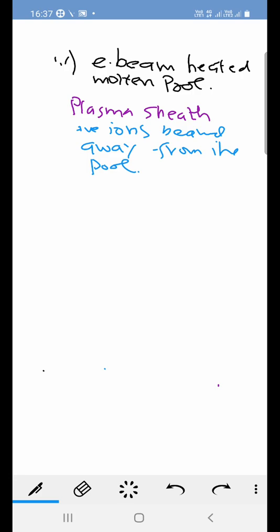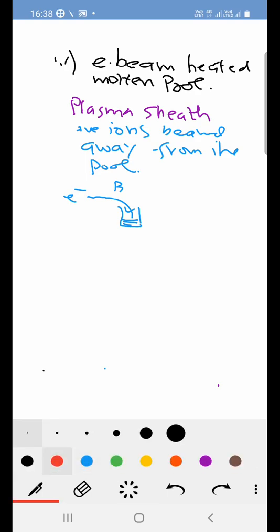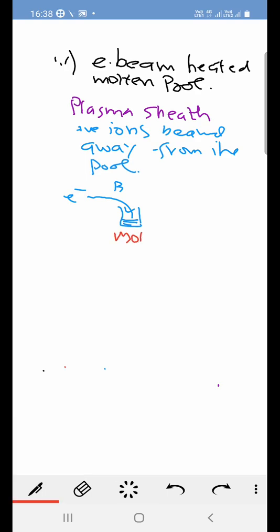Basically, there is a magnetic field. Suppose this is the pool and an electron beam is coming, and there is a magnetic field which bends this electron beam towards this pool where the material gets melted, you have molten substance. So above this you have a plasma sheet as explained here.